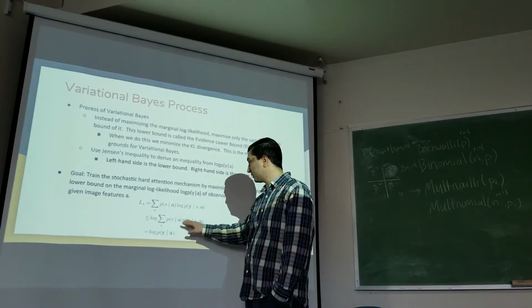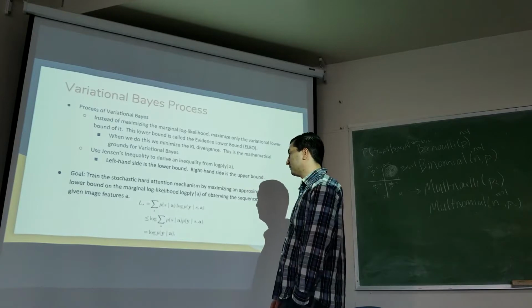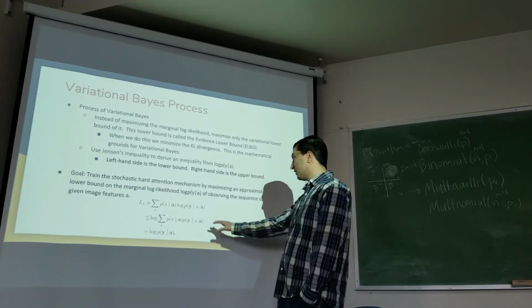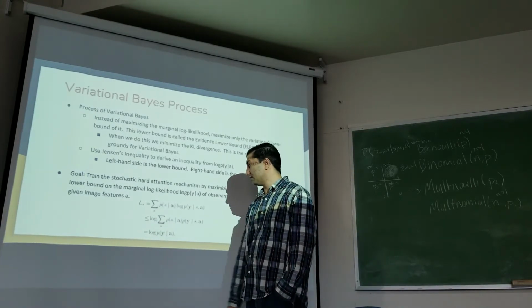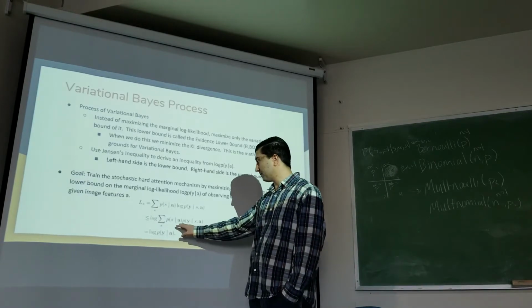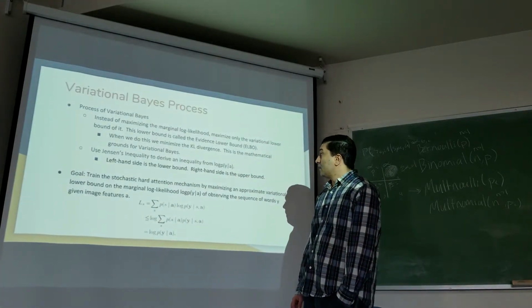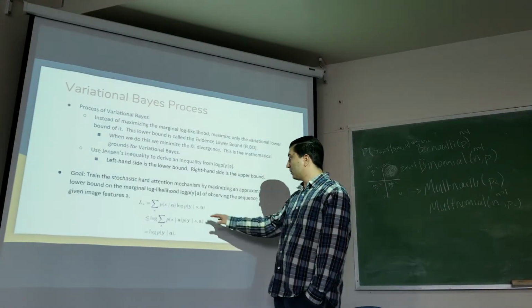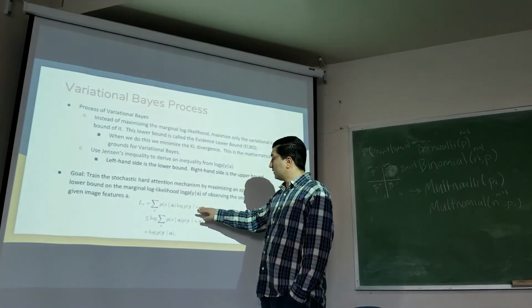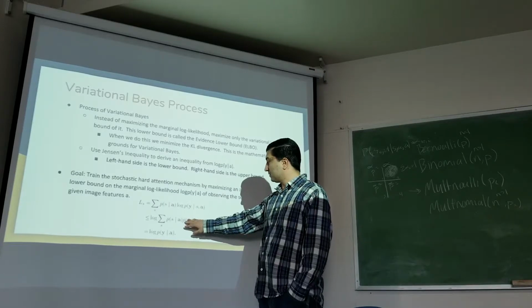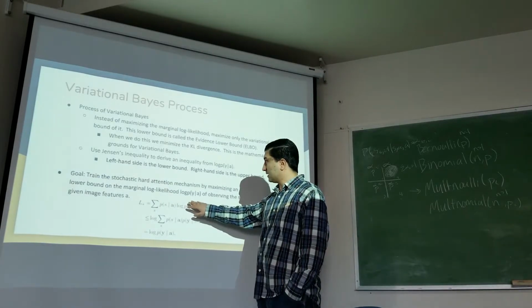When we use that, we could form an inequality of this sort. Here we have the lower bound, which is on the left side of the less than, and then we have an upper bound, which is on the right side of the less than. So this was the lower bound, this was the upper bound, and this is the ELBO now.